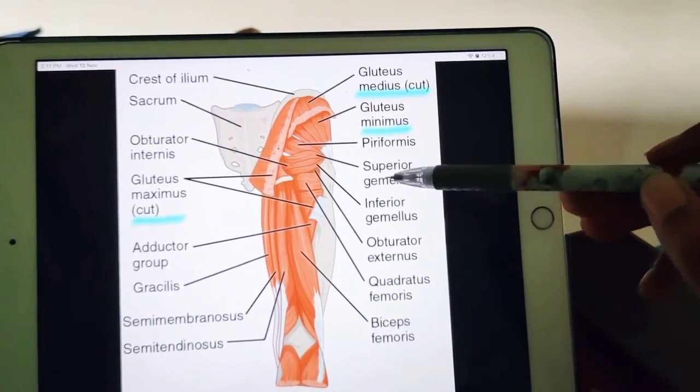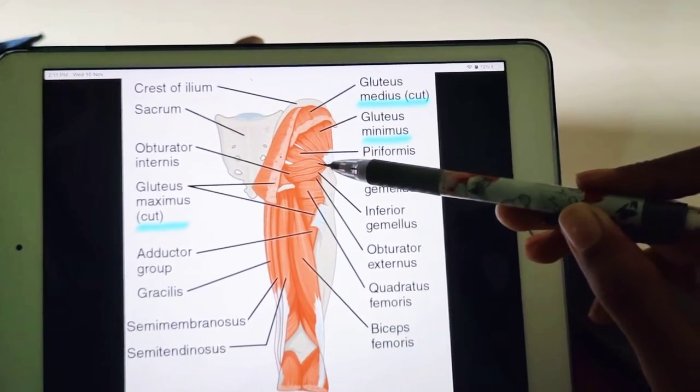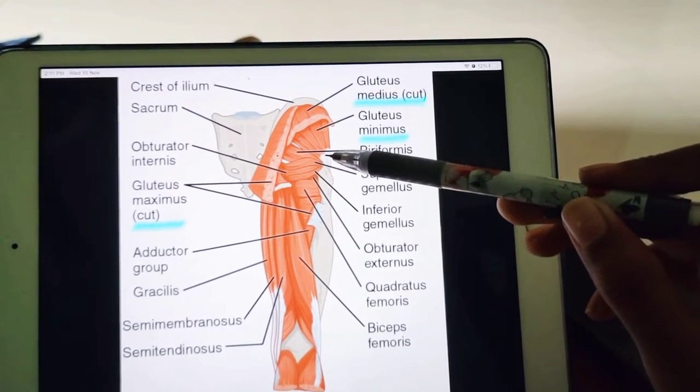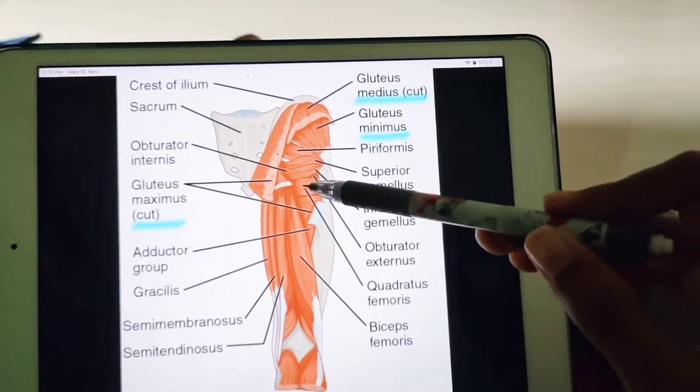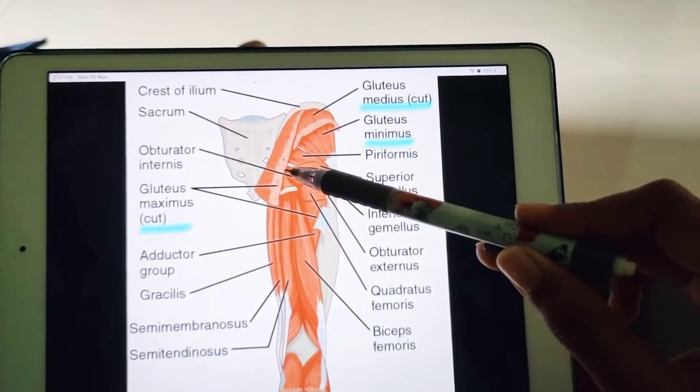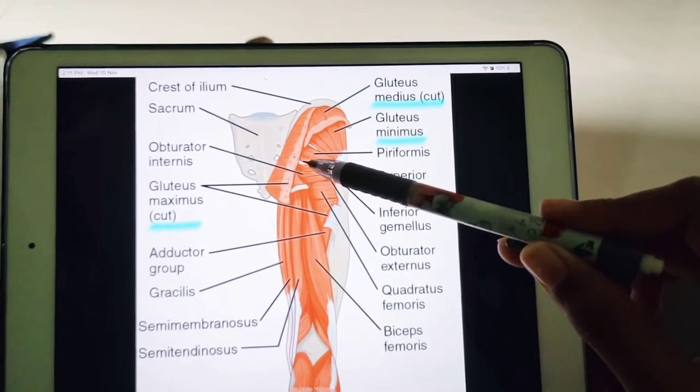Next, coming to gemellus superior, you can see this is a small muscle lying along the upper border of the tendon of obturator internus. Its origin is from the posterior surface of the ischial spine and the upper part of the lesser sciatic notch.